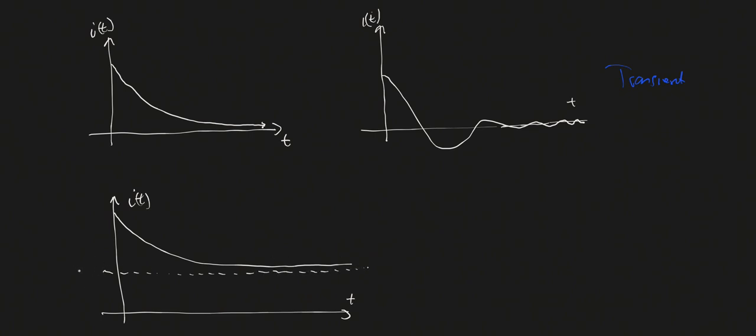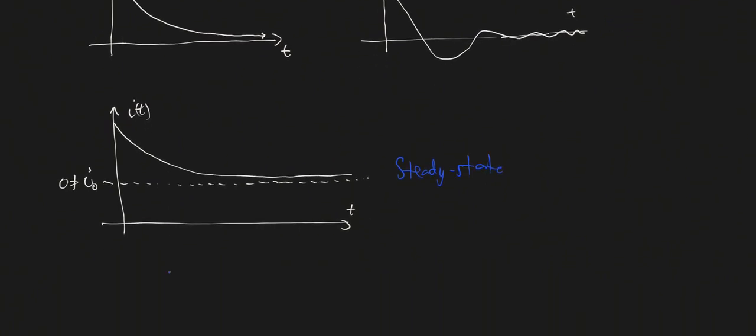Whatever this is, I'll just call it I sub 0, which is not equal to 0. And this would be the steady state value, right? So the response here now would be steady state. So this would be an example, right? There are other ways the graph could look. I'm just drawing examples to illustrate each of them.